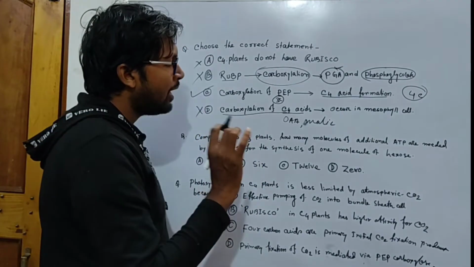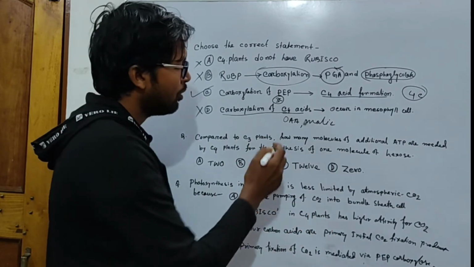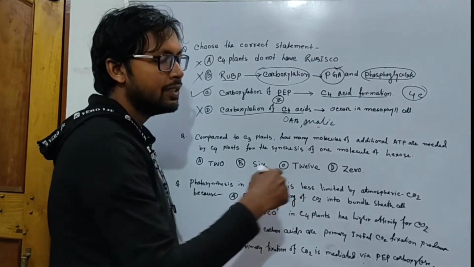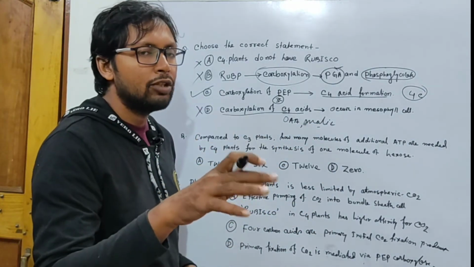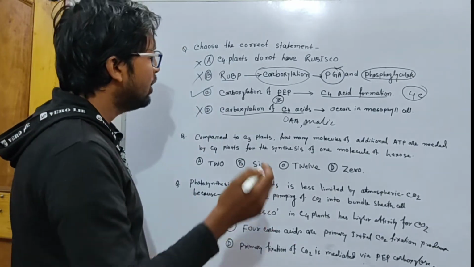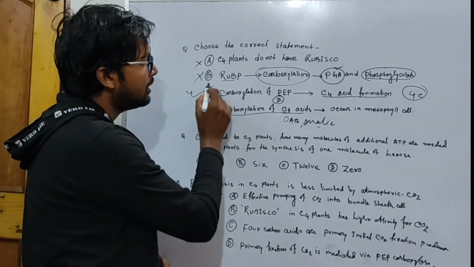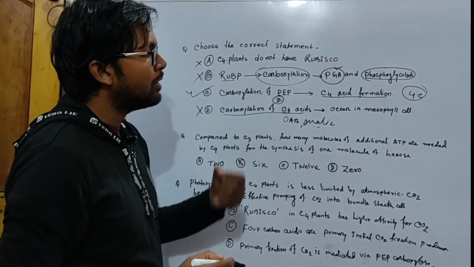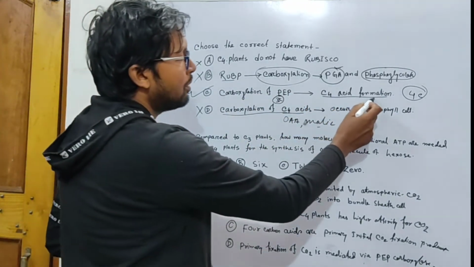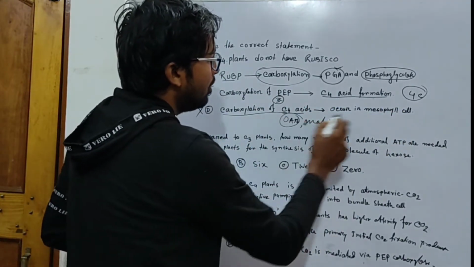Oxaloacetate is converted into malic acid, and malic acid is transported into the bundle sheath cells. So this is also not right. The correct answer is that carboxylation of phosphoenol pyruvate produces the C4 acid, that is, oxaloacetate.